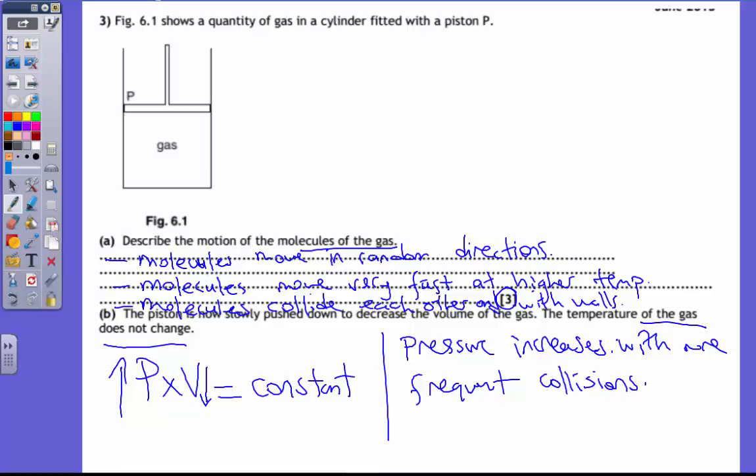But we should know that PV is always constant. So when the volume decreases, the pressure always increases. Why does the pressure increase? Because of the more frequent collisions.